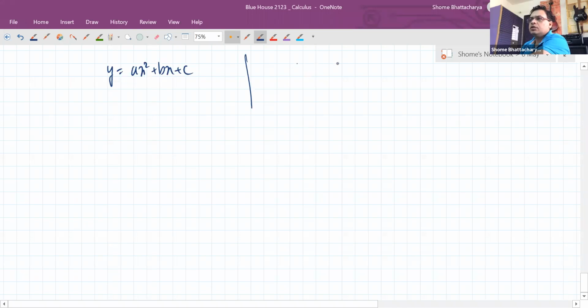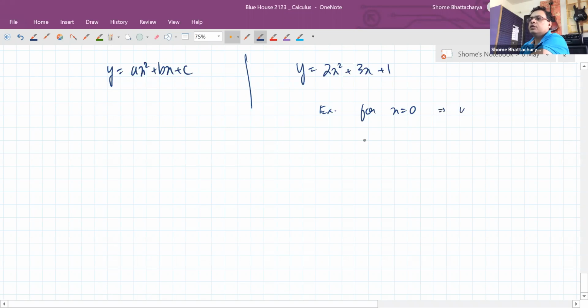Like y is equal to, let's say, 2x square plus 3x plus 1. Now this one, let's take some value of x. So for example, for x equal to 0, what value of y are we getting?